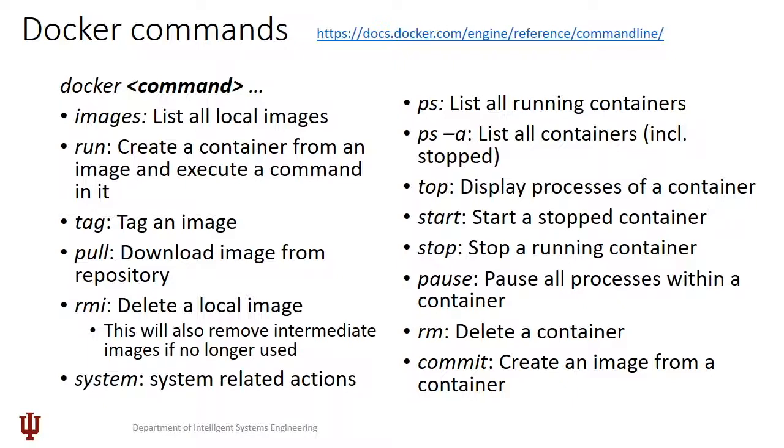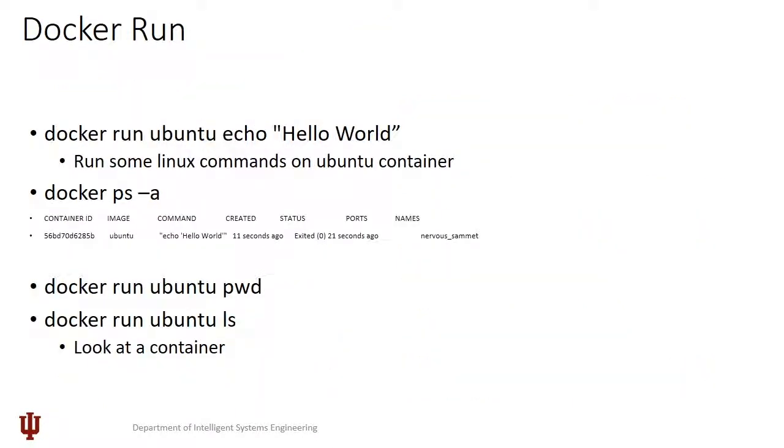So we would like you to experiment with this and identify which commands are useful for you. So let's run a simple Docker container after we install our Docker software. We simply say docker run ubuntu echo hello, you will see that an image is being downloaded locally on your machine. Once the image is loaded, you can see the output, such as the hello world on your command line.